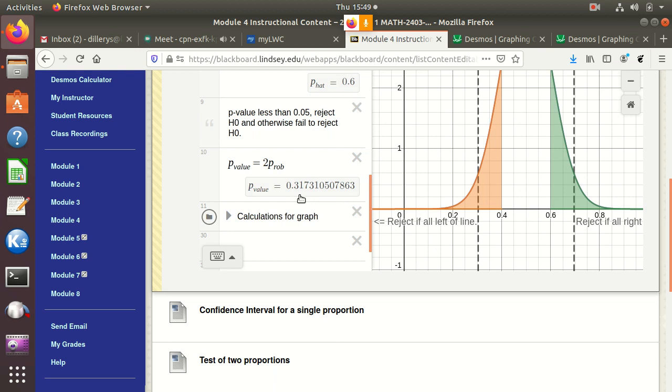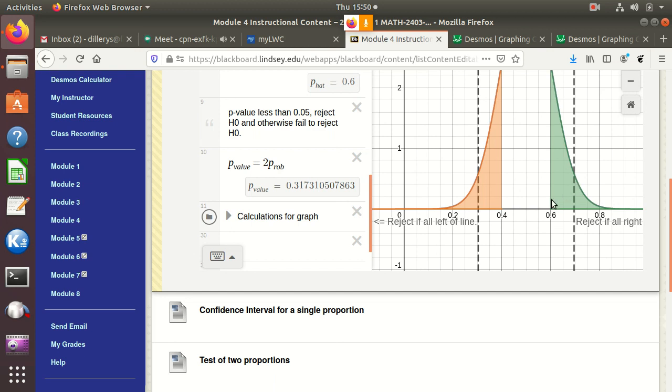Now, what this picture is showing you is the dotted lines are where we decide to reject. If all of our area, and I don't remember if the orange or the green, oh, it'd be the green because we were above. So the green is that probability, that 16% is that green. But what it's showing is the data, so there's the data at 0.6 and everything to the right of it.